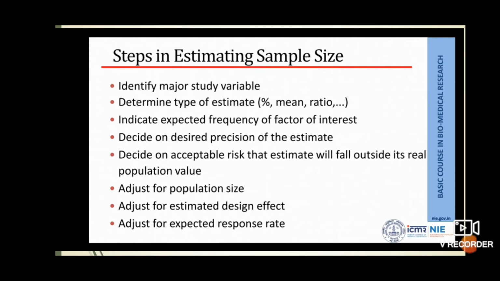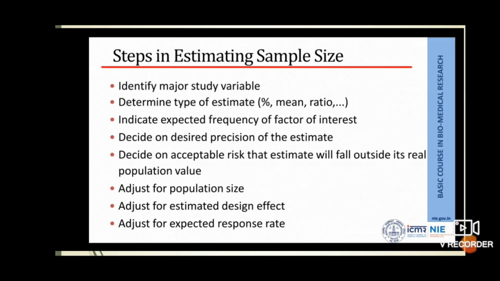For estimating a sample size, we first need to identify our study variable. Then we should identify what type of estimate we are going to make, whether it is a percentage, mean or ratio. Then we have to know the expected frequency of the factor of interest, what we are going to measure. And then we have to decide on the desired precision of the estimate.